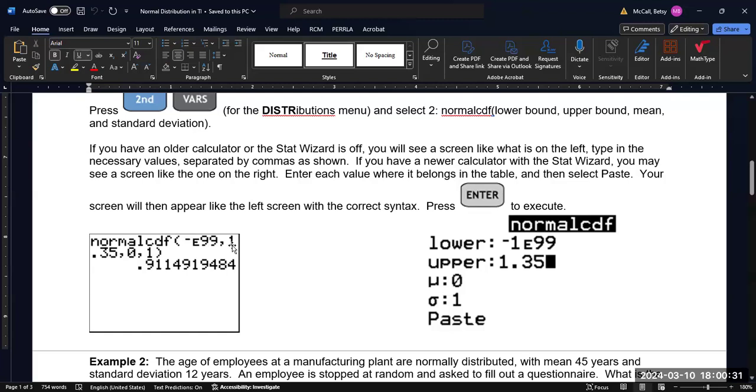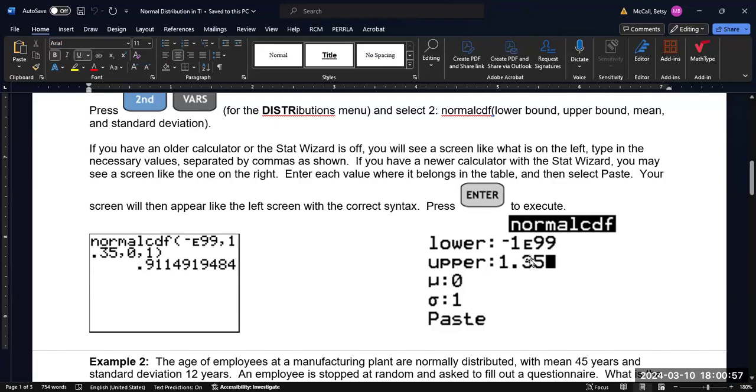And then comma, up to where we're stopping, would be the 1.35 z-score, 0 for the mean, 1 for the standard deviation. And we can do the same thing here. The 1 in front of the E is optional. Sometimes these numbers are filled in by default, and that's fine. If it already says -1E99, you can leave it there.